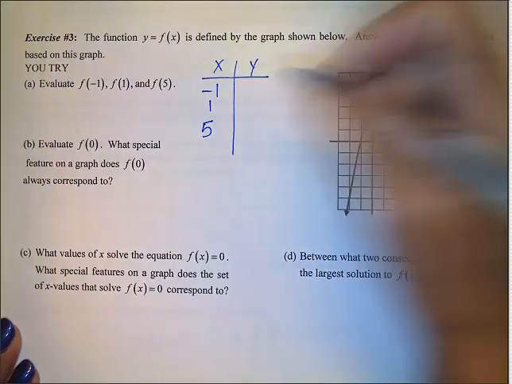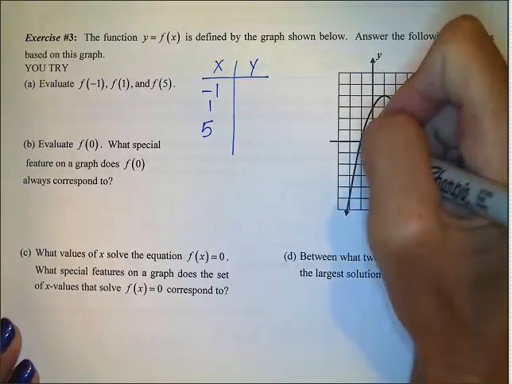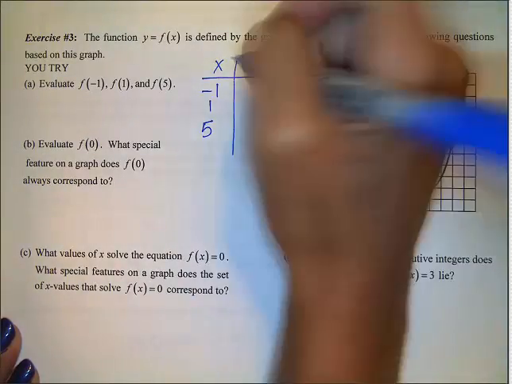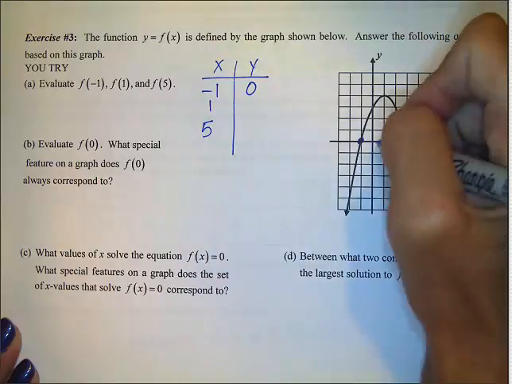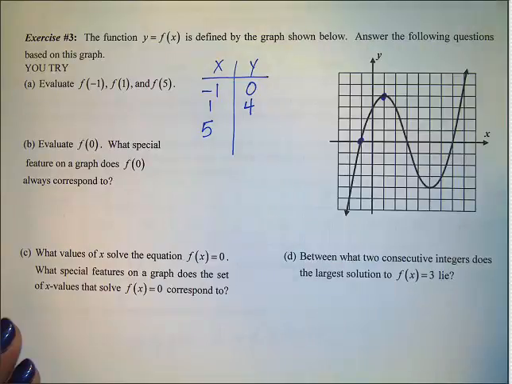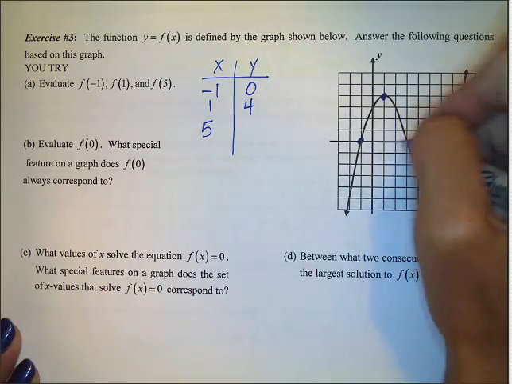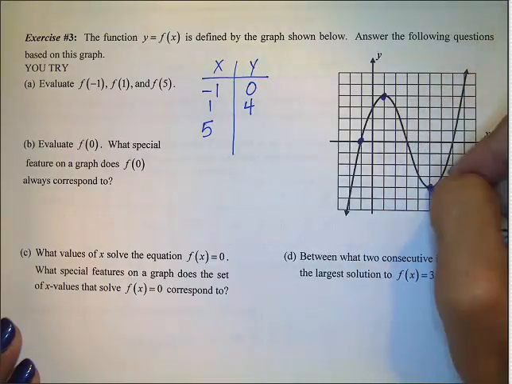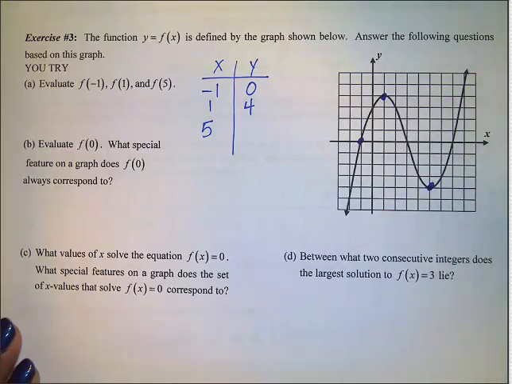If x is -1, the y value is 0. If x is +1, the y value is 4. If x is 5, the y value is -4. Pretty cool.